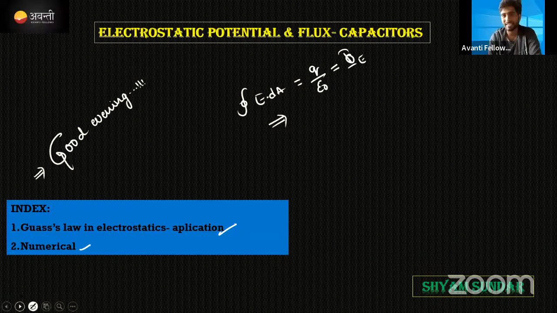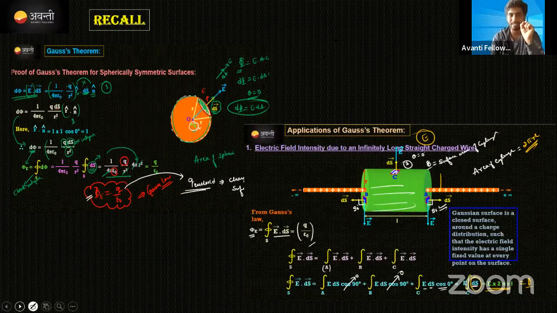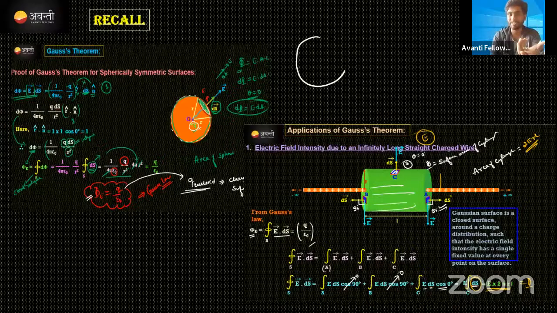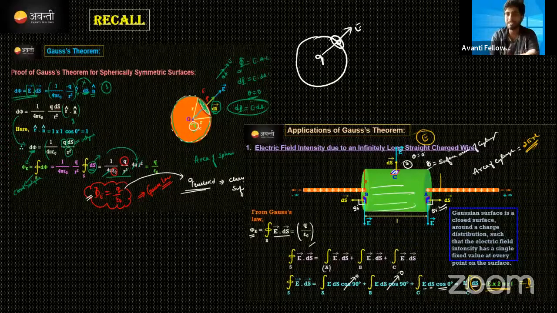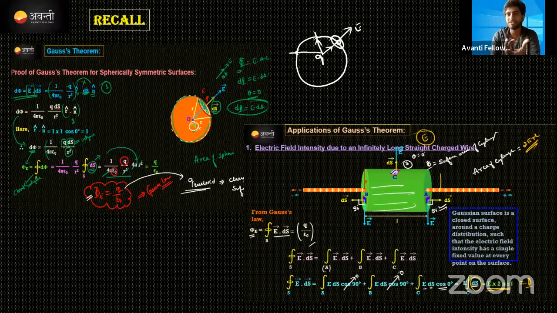A quick recap. You studied Gauss law theorem, right? In a closed integral, this is the surface. Inside this surface there was a charge. Due to that charge, we calculated the flux through this surface. First, we took a small area and calculated how much electric field is passing through this small area, that is a flux. To calculate the total flux, not only in this area but here also electric field lines are moving, here also, like this in all the area electric field lines are moving.